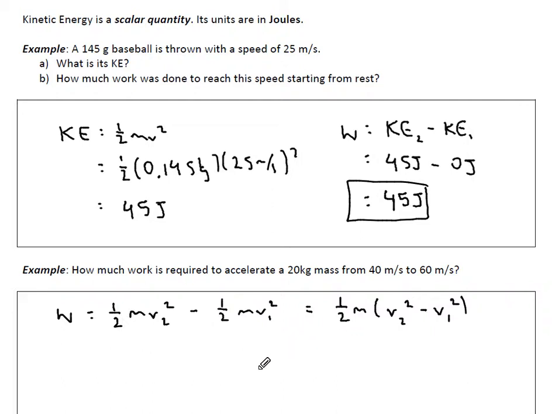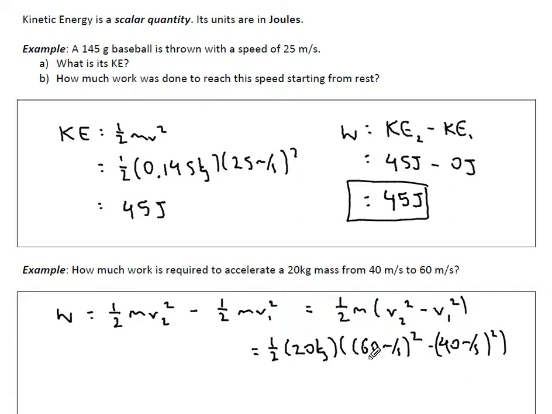So that's equal to 1/2 times 20 kilograms times 60 meters per second squared minus 40 meters per second squared. Be careful with this one. It's not 60 minus 40 squared, so it's not 20 squared.